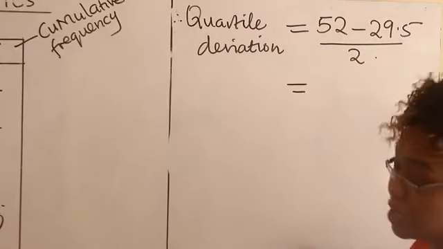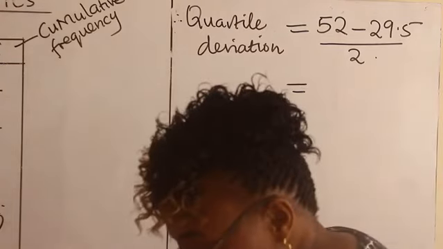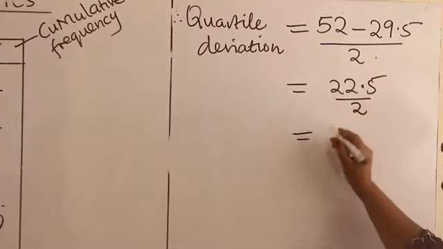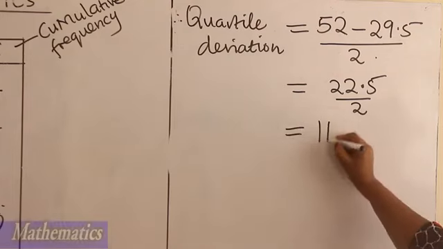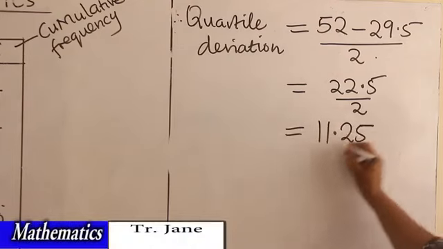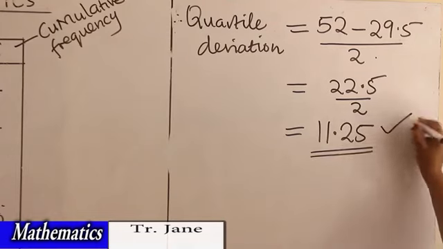You use a calculator, and therefore this gives us 11.25, and that is the quartile division.